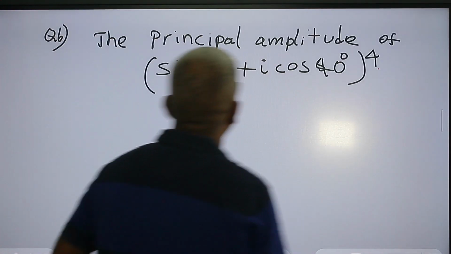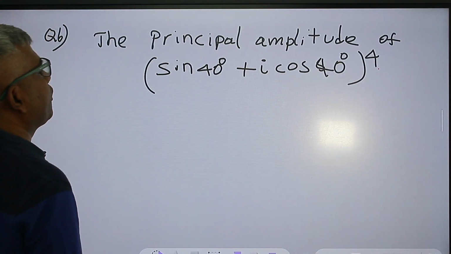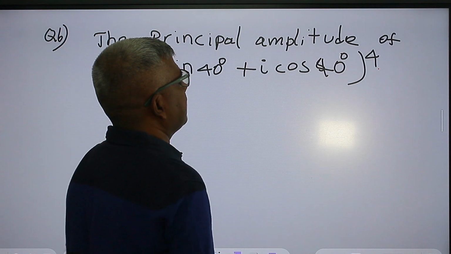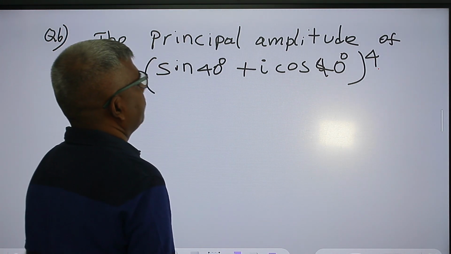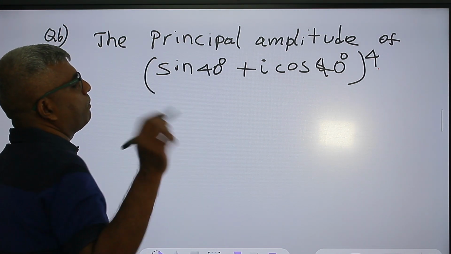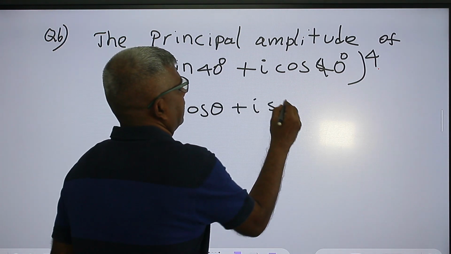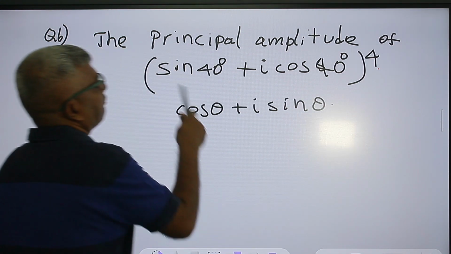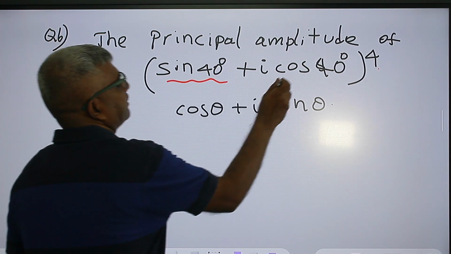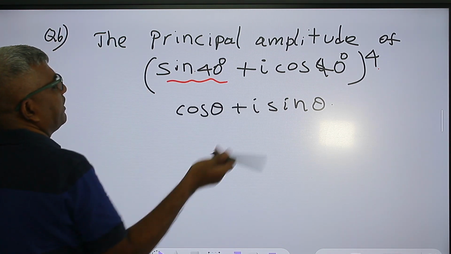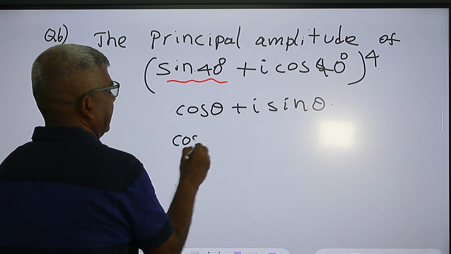Okay, next question. The principal amplitude of sin 40 plus I cos 40, to the power 4. What does that mean? Actually, polar form should be cos theta plus I sin theta in this form. But here it is like this, sin. So sin 40 you can make it cos of 90 minus theta.